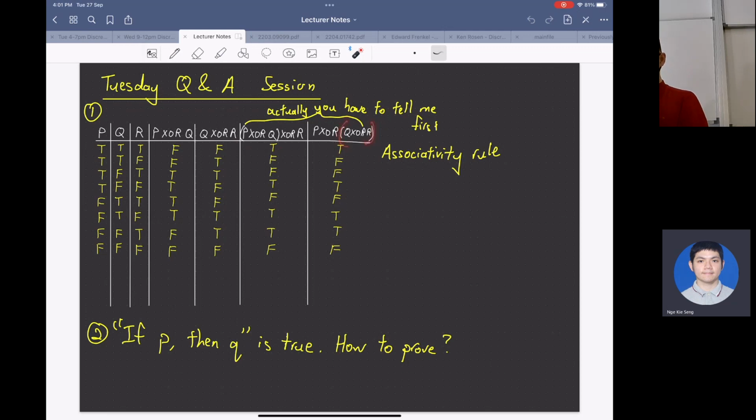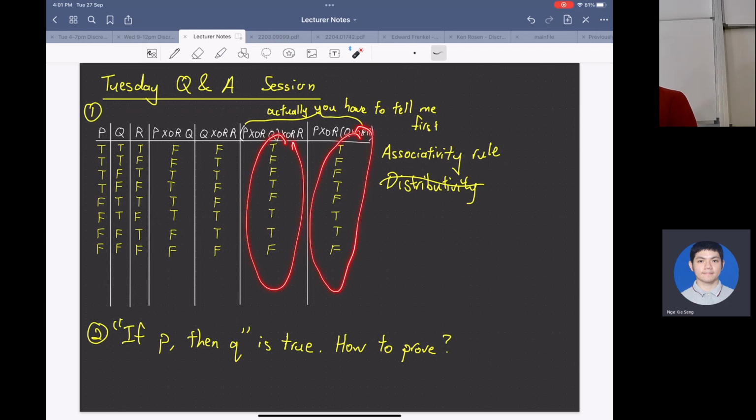What I said last week was the wrong rule. It's the associativity rule, which we will go through again today. The associativity rule helps you identify these two identities. In fact, if you do the truth table, they are the same. So it doesn't matter which bracket you do first.